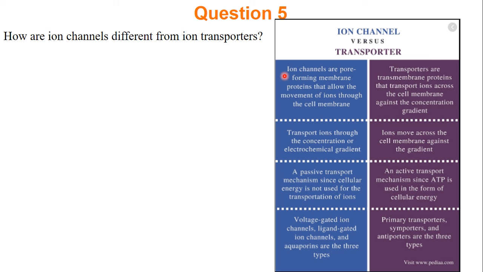They don't really need ATP. While a transporter will use ATP, so they can move something against the concentration gradient, or across a charge gradient. That's going to be your active transport. So that's the main difference when someone says a channel and a transporter. One uses ATP, one doesn't.